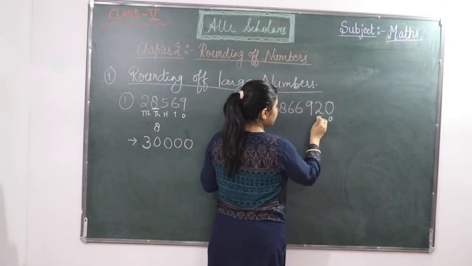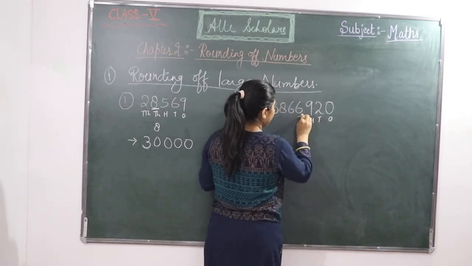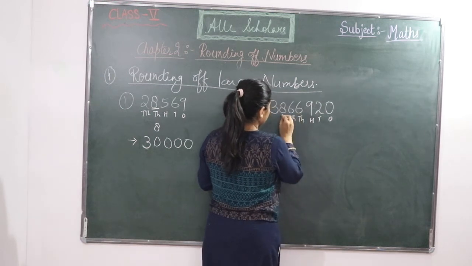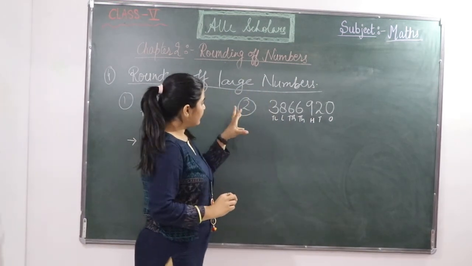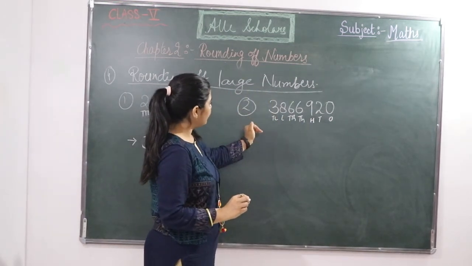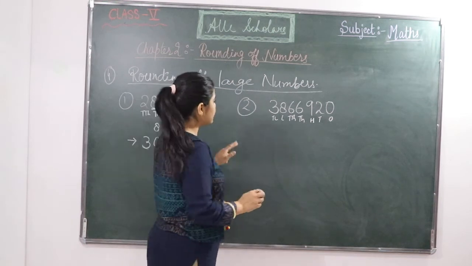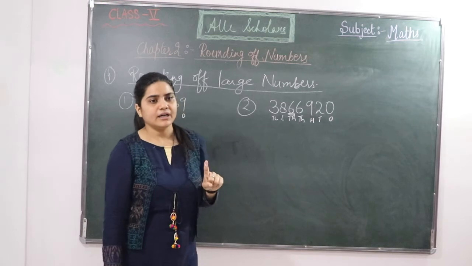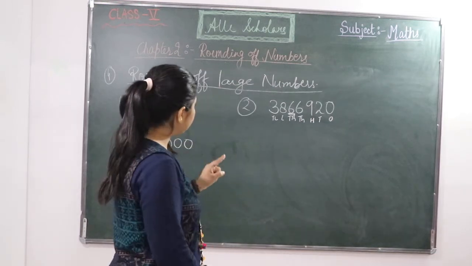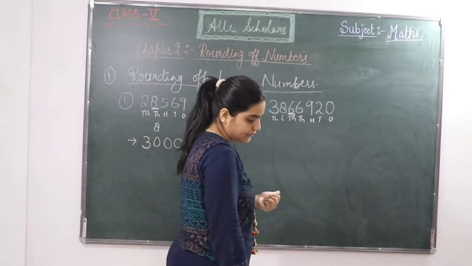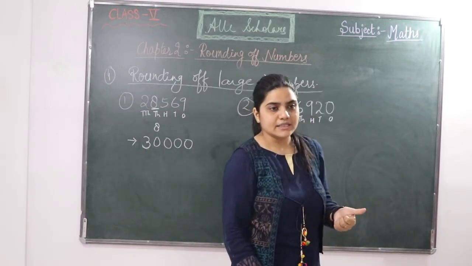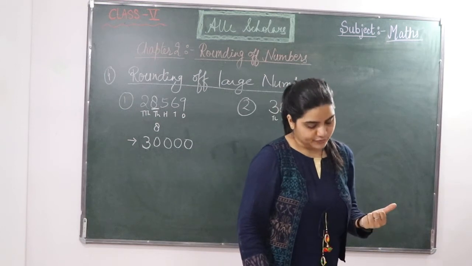Ones, tens, hundred, thousand, 10,000, lakh and 10 lakh. If a number is in lakh, we will see the digit at the place of 10,000, whether it is greater than 5 or not. Here again the number is 6, which is greater than 5.